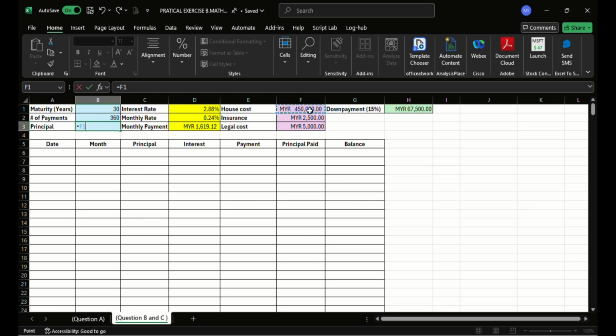You will get a total of 390,000 ringgit.